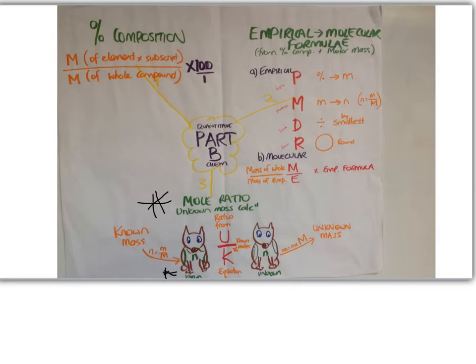Then we multiply it by a mole ratio, and we have found the unknown amount of moles. Then we convert that into an unknown mass. So the answer to the puzzle is finding out an unknown mass, and the question in the puzzle is the known mass.